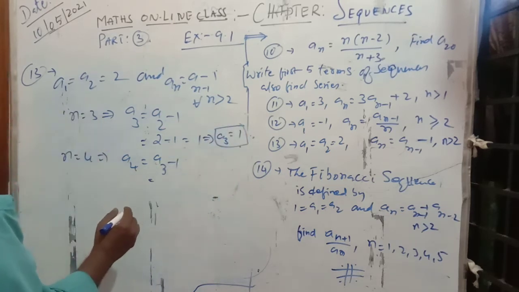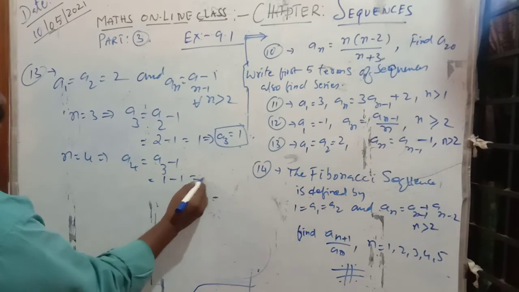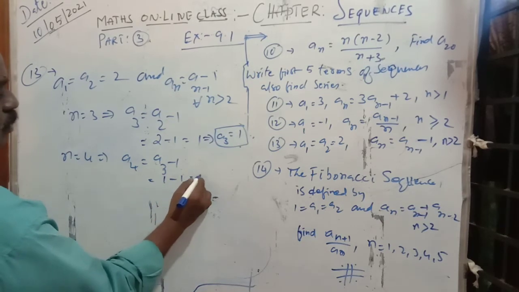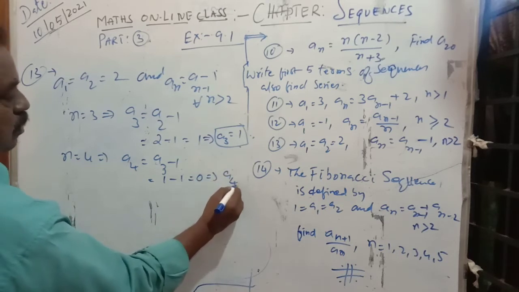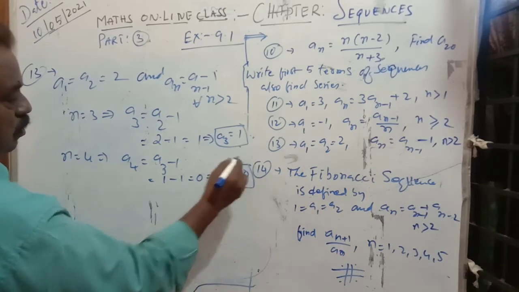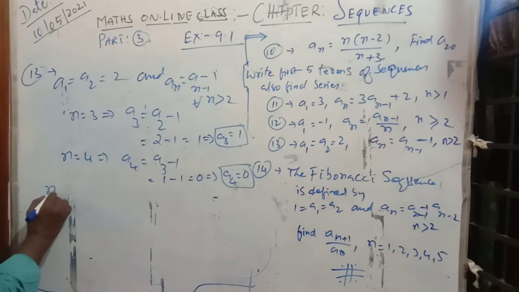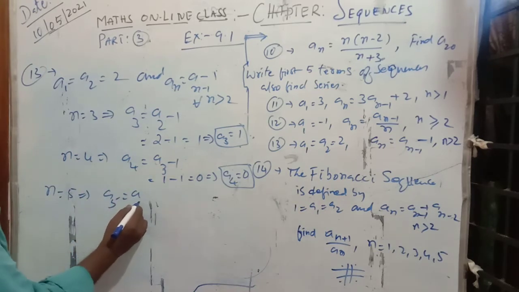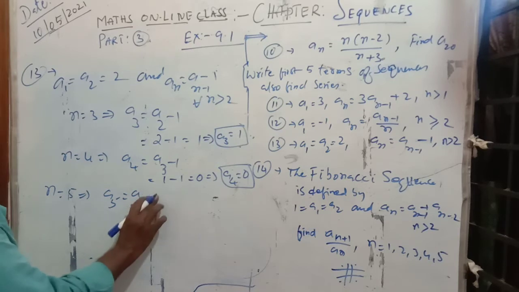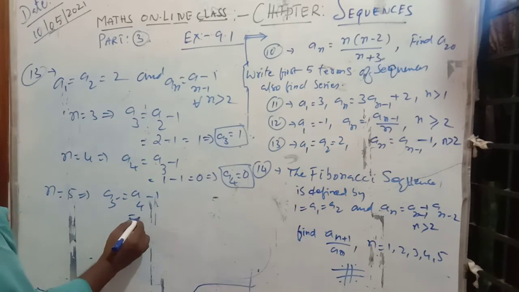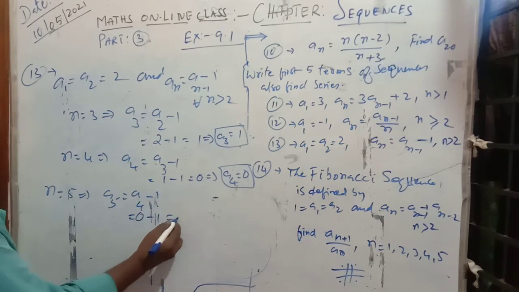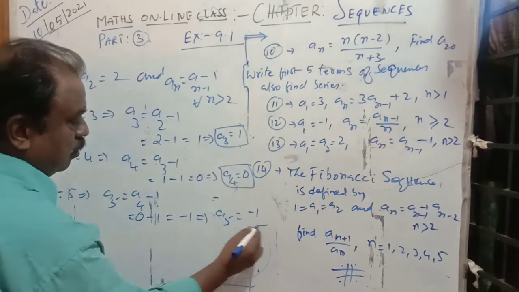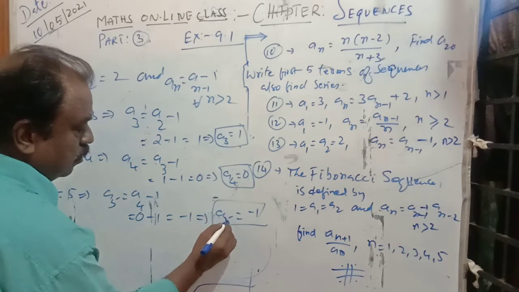So it is 1 minus 1 is equal to 0. That implies A4 is equal to 0. N is equal to 5. A5 is equal to A4 minus 1. That is A4 is 0, 0 minus 1 is equal to minus 1. That implies A5 is equal to minus 1.